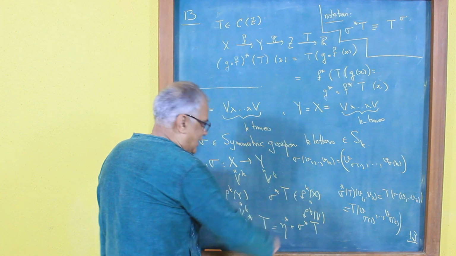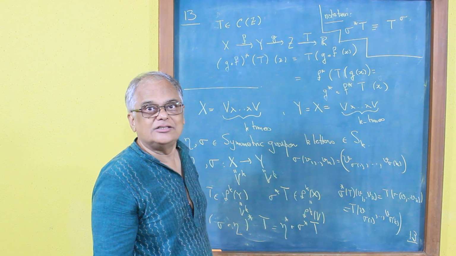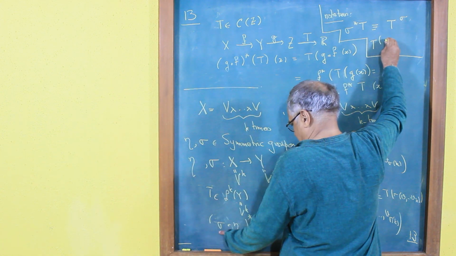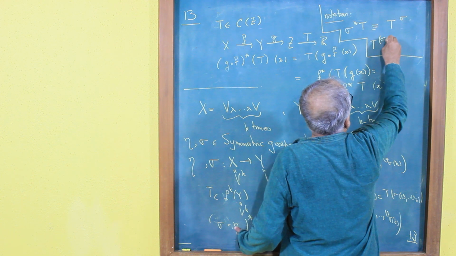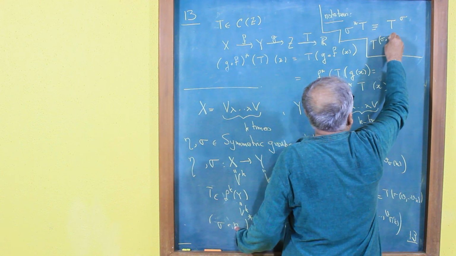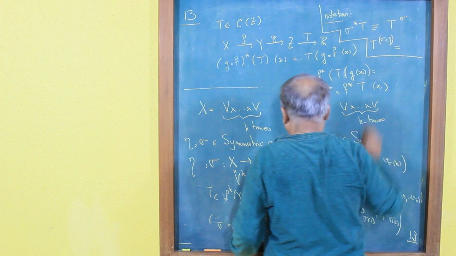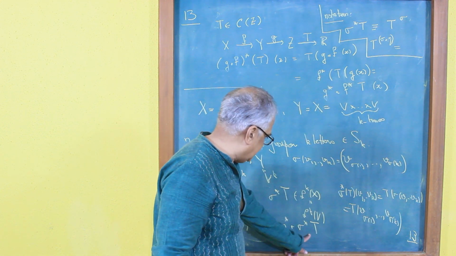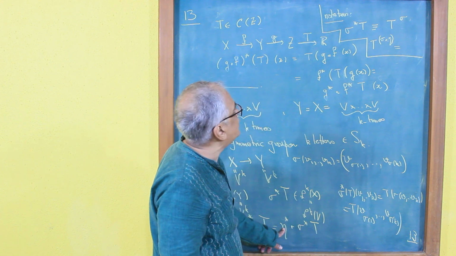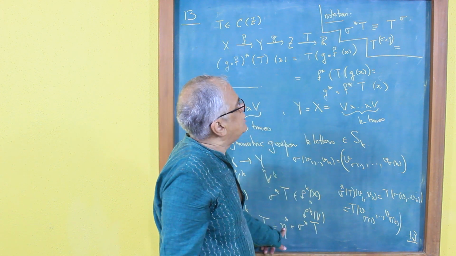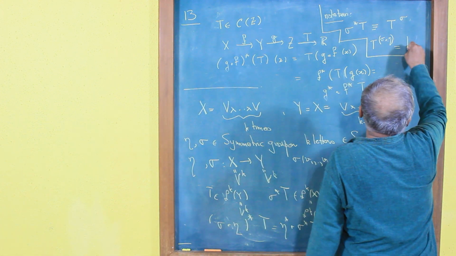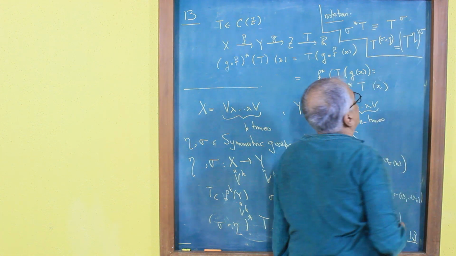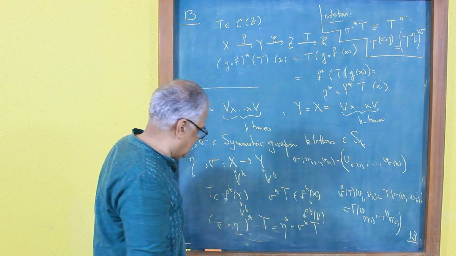And what does this last line tell you? The last line tells you that t of sigma composed with eta, with that notation, is equal to t upper eta, then sigma. Okay?